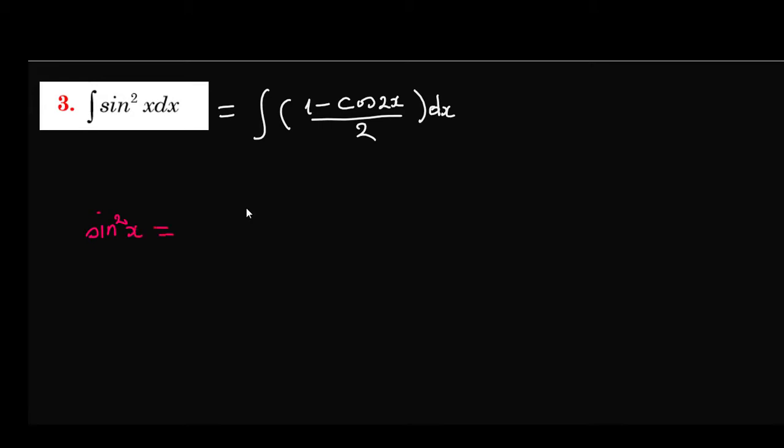In trigonometry, remember that sine square x equals 1/2 negative 1/2 cosine 2x.